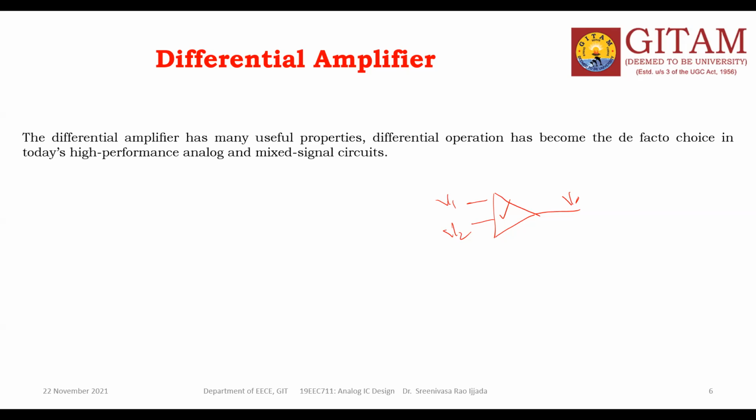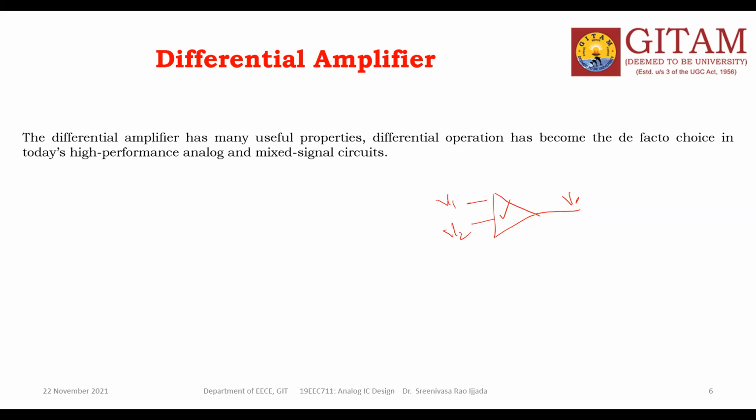See, if you read the sentence, the differential amplifier has many useful properties. What properties? Mostly the differential amplifier is the basic element, as I said in the last class or before last class, especially in this coursework, I started with the analog design. The basic element is the operation amplifier, whereas in digital design, what is the basic element?